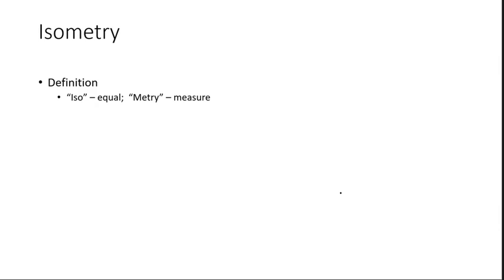So if you understand what the word means, if you break it apart piece by piece, that gives you our definition. Because what an isometry is, it's a transformation that maps every segment to an equal or congruent segment. So it's creating equal measure of segments.